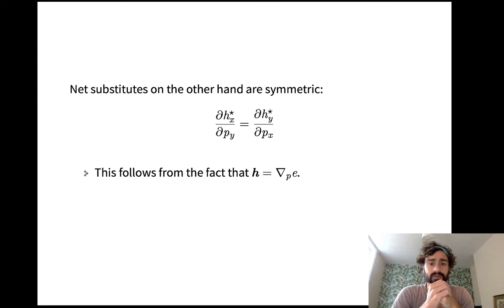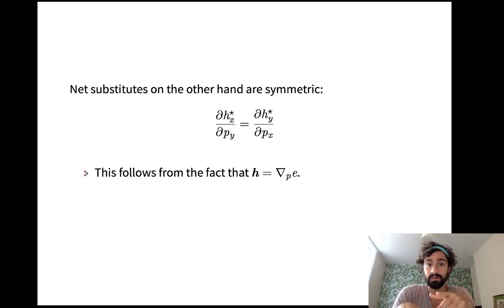And so net substitutes are symmetric. And this is because we know that the Hicksian demand is the derivative of the expenditure function. So if you remember back to our lecture on duality and the lecture on Hicksian demand, we had a theorem that said the Hicksian demand is the first derivative of the expenditure function. So if the Hicksian demand is the first derivative of the expenditure function, then the derivative of the Hicksian demand is the second derivative, the cross partial, right?